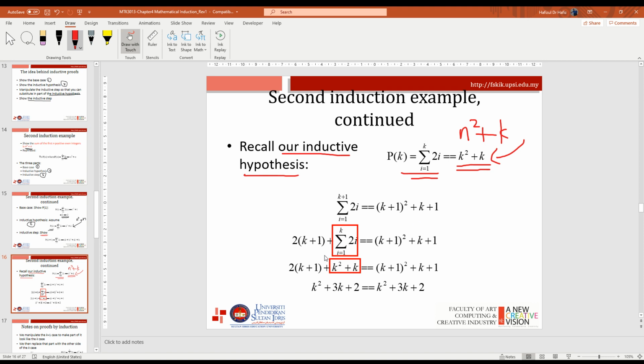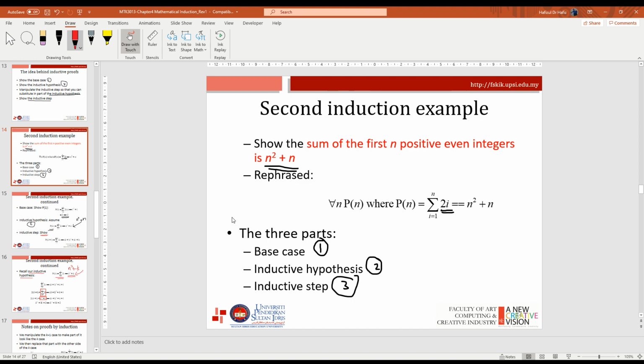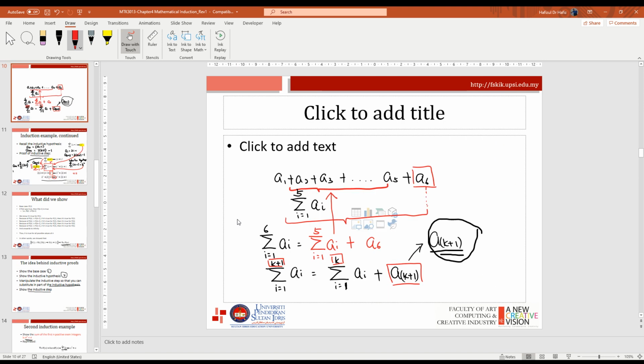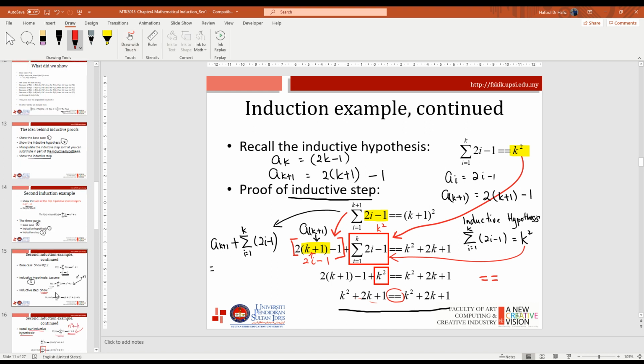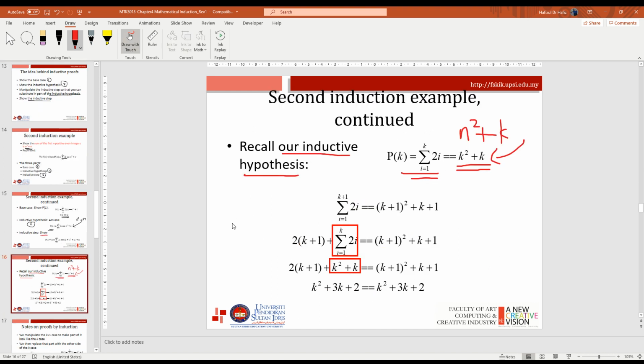So this one, we replace 2(k plus 1). Same goes to the step, this one. Okay, we recall the inductive hypothesis, k power 2 and then k. Okay, for this one, k power of 2 plus k.